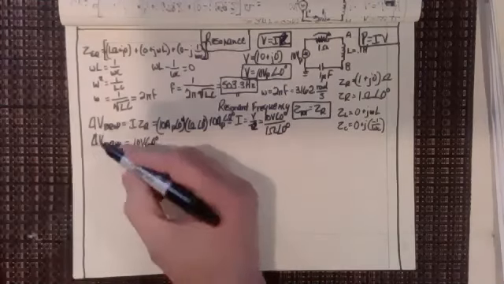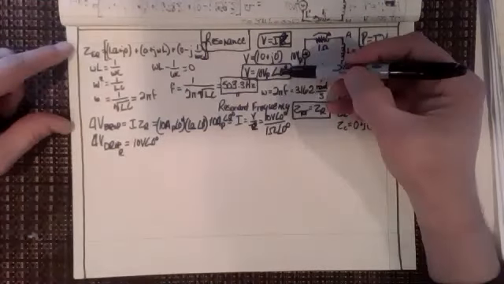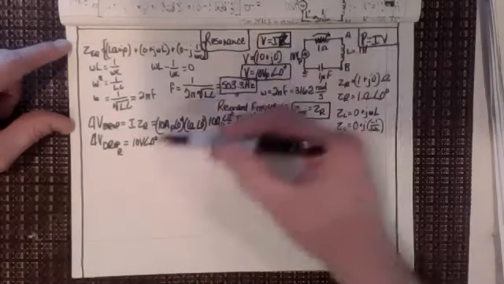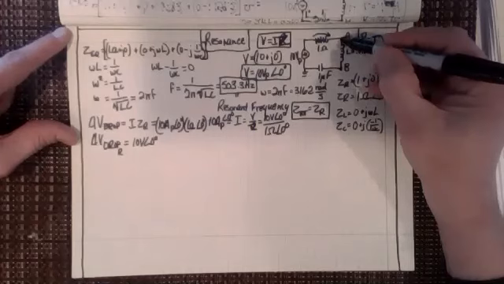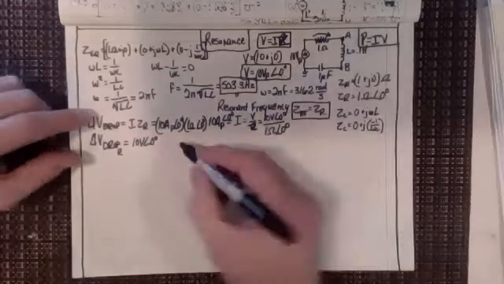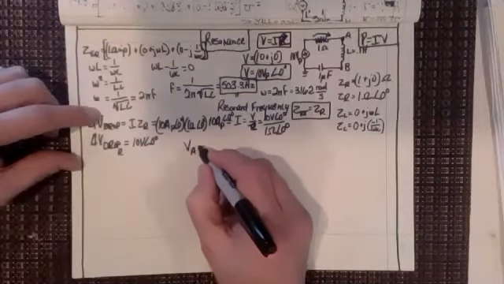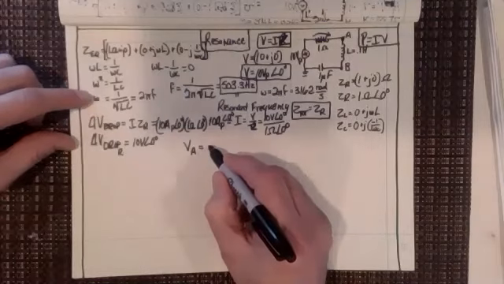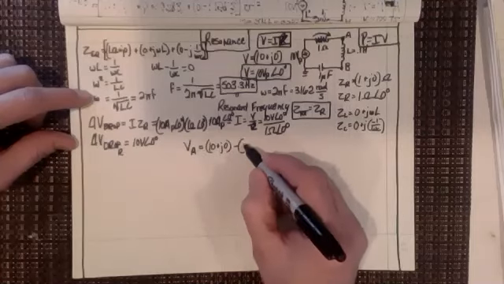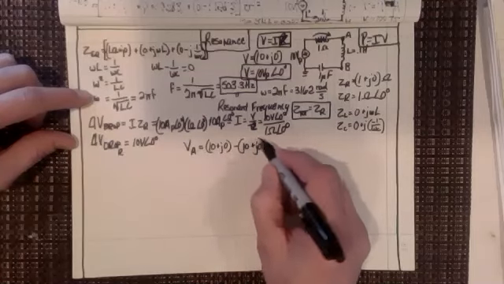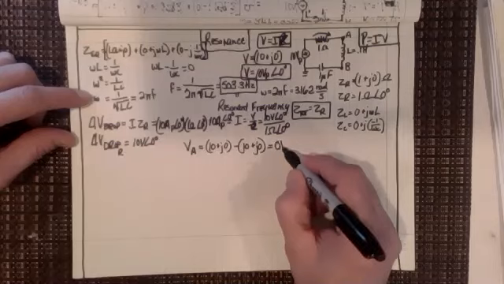Voltage drop across the resistor is going to be 10 volts at an angle of 0. Oh my goodness, well that's fantastic. It starts off at 10 volts at an angle of 0, and the voltage drop across the first resistor is 10 volts at an angle of 0. So that means that the voltage at A is 10 plus j0 minus 10 plus j0 equals 0 volts.